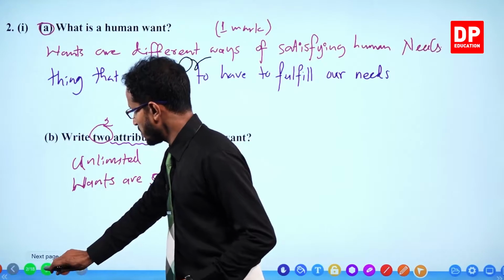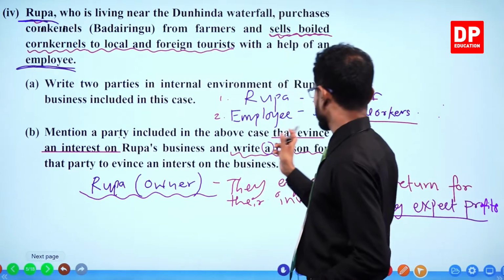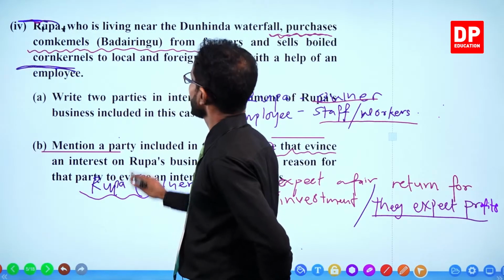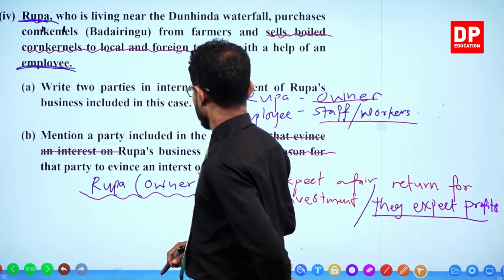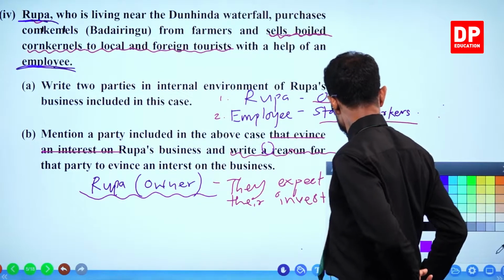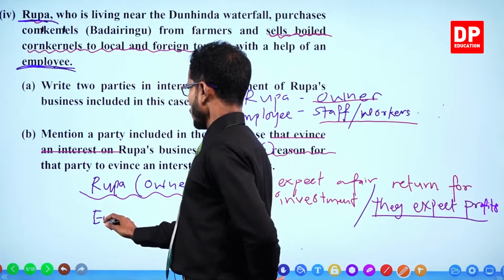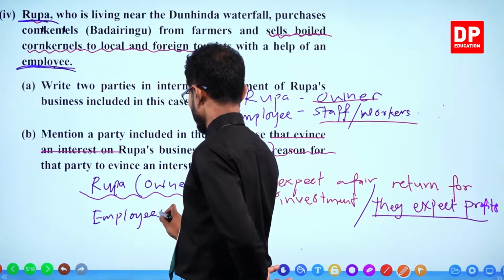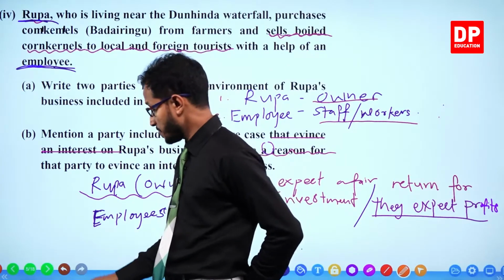We finally wrote the two parties in the internal environment of Rupa's business and why they are interested in the business. If you wrote employees here, why do you think employees are interested in the business that they're working in?